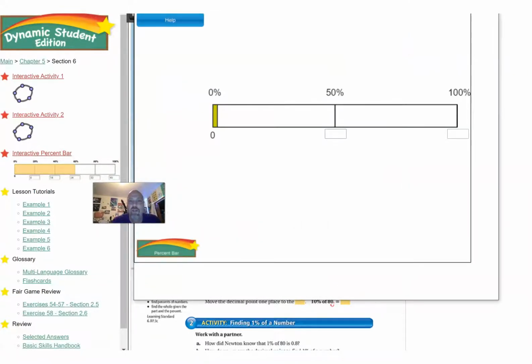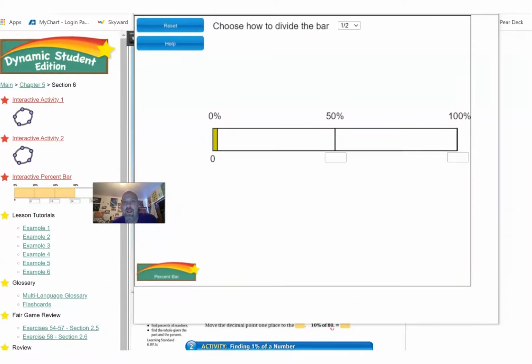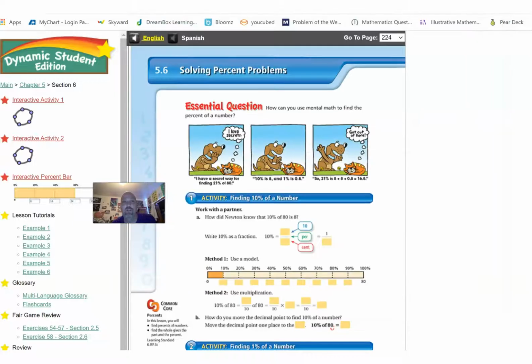You can decide how many times you want it divided. I can show you how to do that. So you can divide it into different amounts by clicking up here. Let's say I wanted 1/5 and put numbers in there, and that will help you figure out numbers too. I'm not sure you really need that, but I thought it was pretty cool, so I'm sharing that with you. So let's get to look at the lesson.